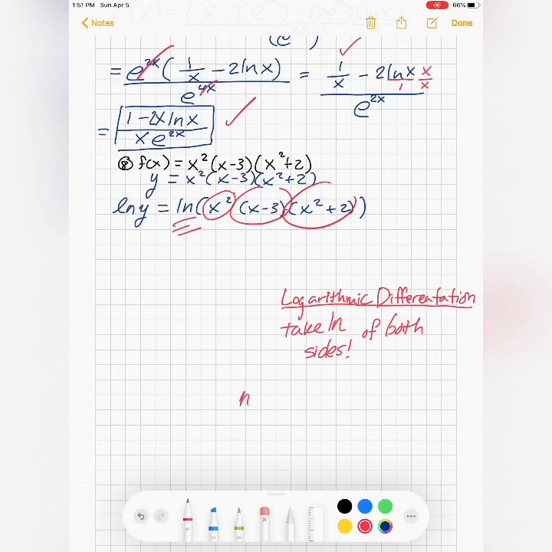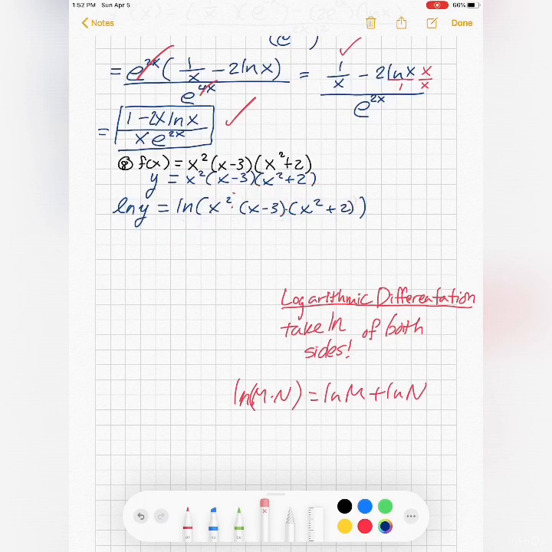So can't I use this rule again, where I have multiplication inside of a log? I can break that up and it's a sum. So again, so far I'm just manipulating the function. So I have ln of y equals ln of x squared, plus ln of x minus 3, plus ln of x squared plus 2.